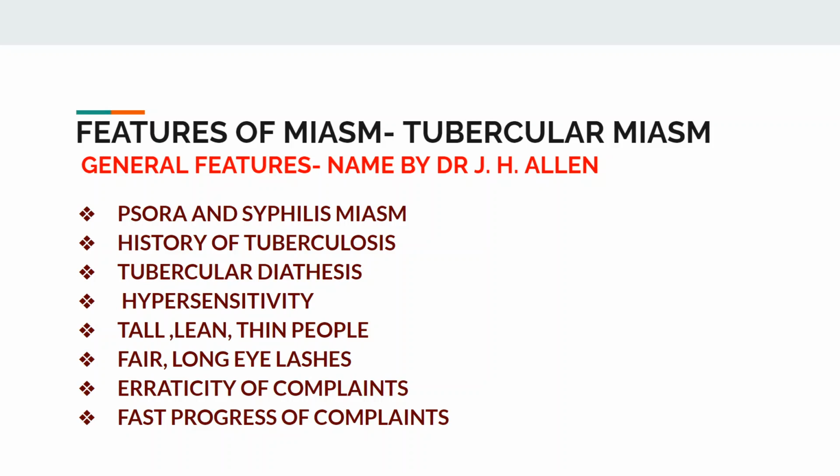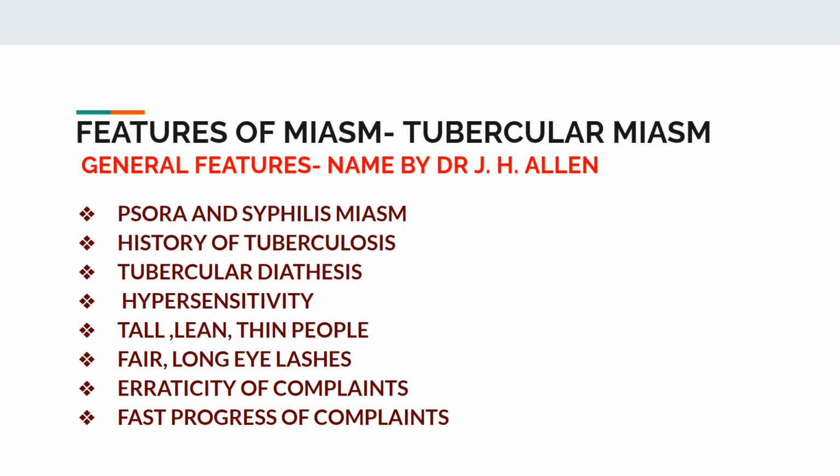They are tall, lean, thin people, with fair long eyelashes. There is erraticity of complaints, and of course the disease progresses very fast. So you will have pneumonia in the first 2 days.